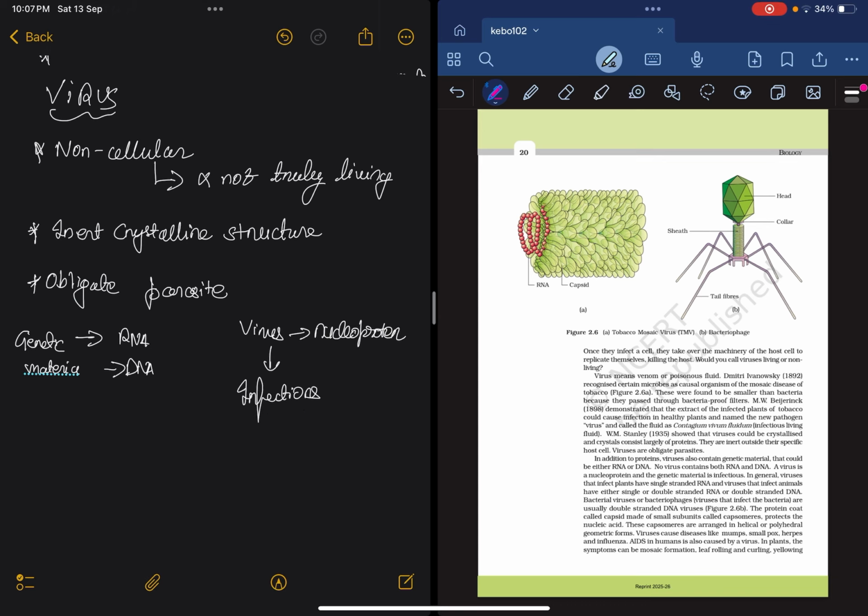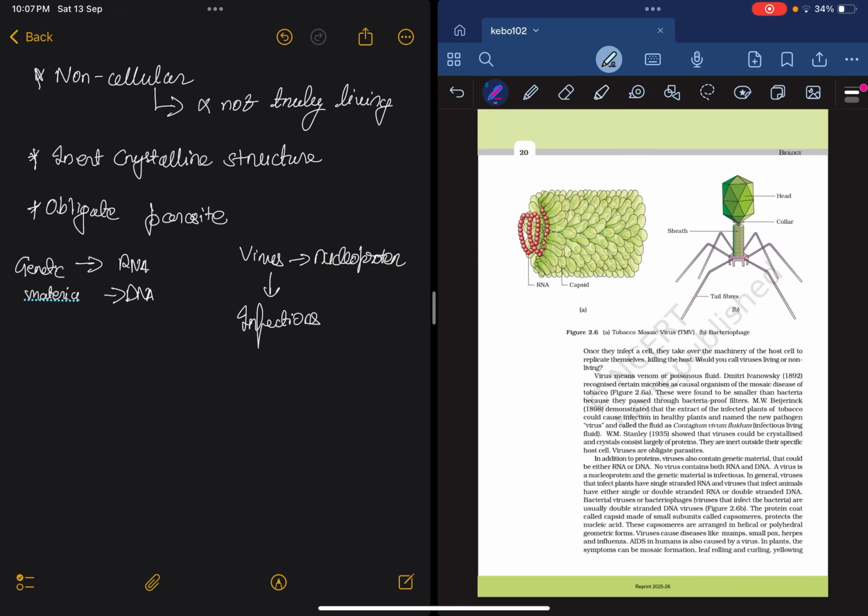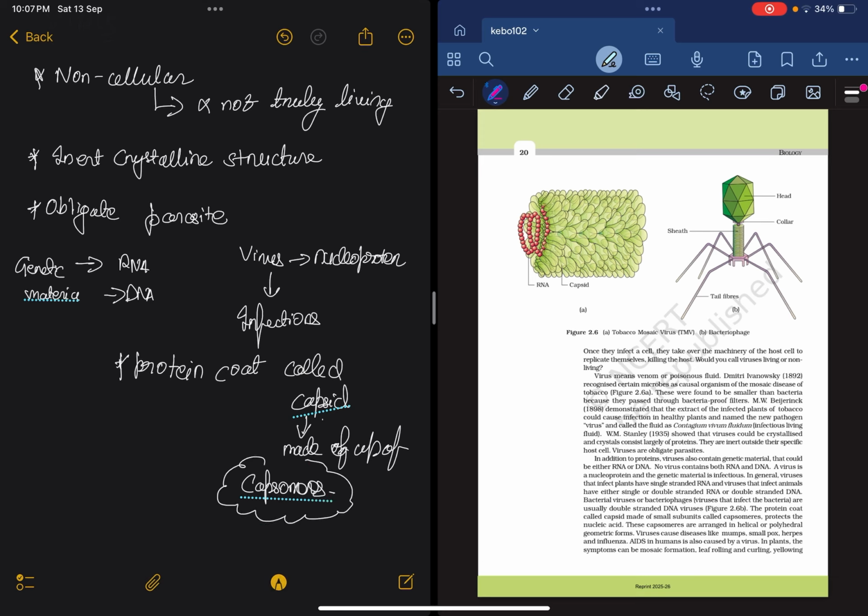The protein coat is called the capsid, which is made up of small subunits called capsomeres. The capsomeres protect the nucleic acid. These capsomeres are arranged as helical or polyhedral.